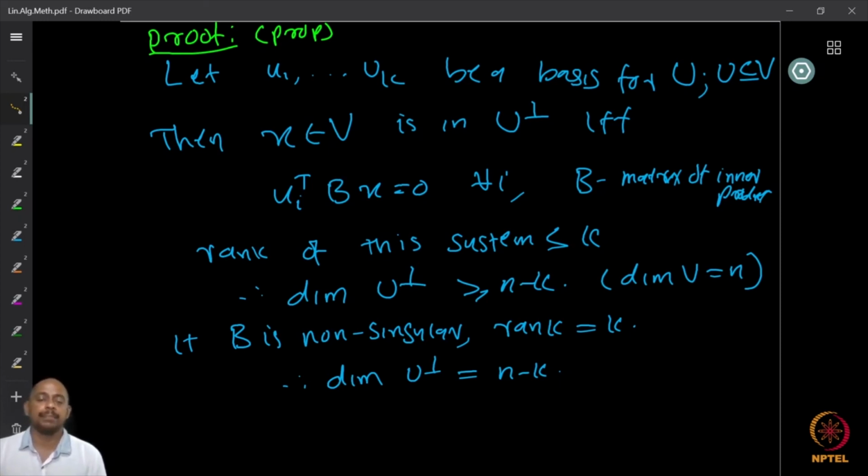Then the dimension of U perp is equal to n minus k, because you cannot have more than that.